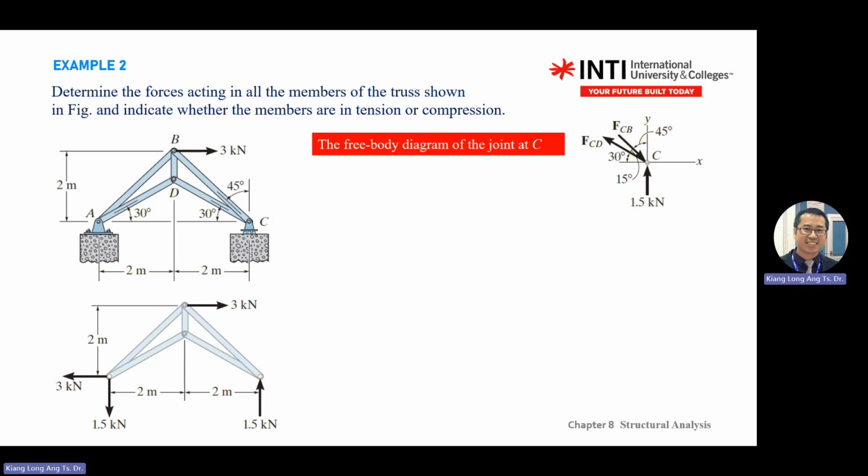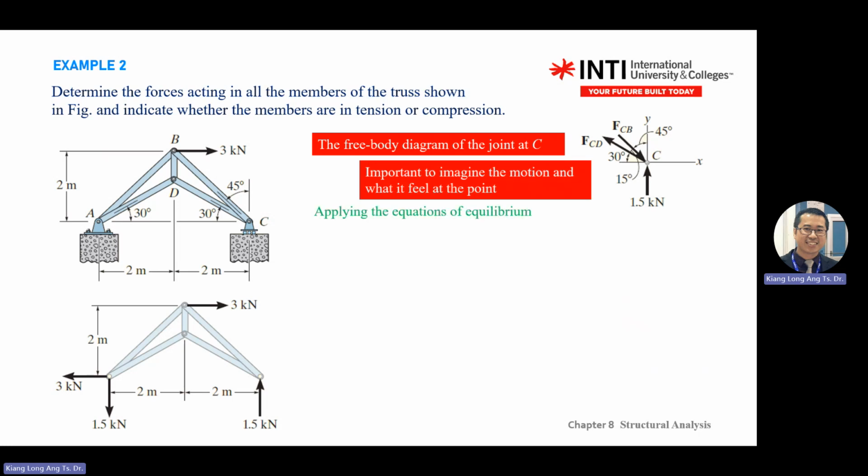This one will pull out from C. So that's why the arrow points out from C. Again, this is just common sense. If you really don't know, you just draw every arrow pointing out. Then if you get negative, you flip it back. It's important that you can imagine. If you cannot, then just draw everything pointing out, then do the analysis.